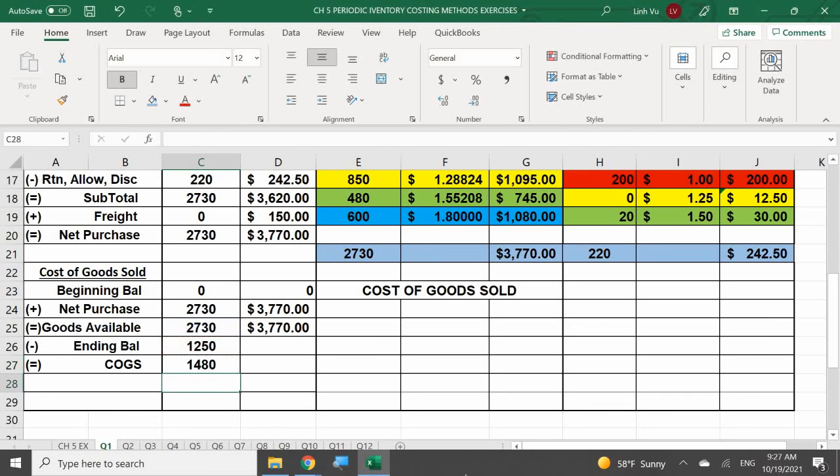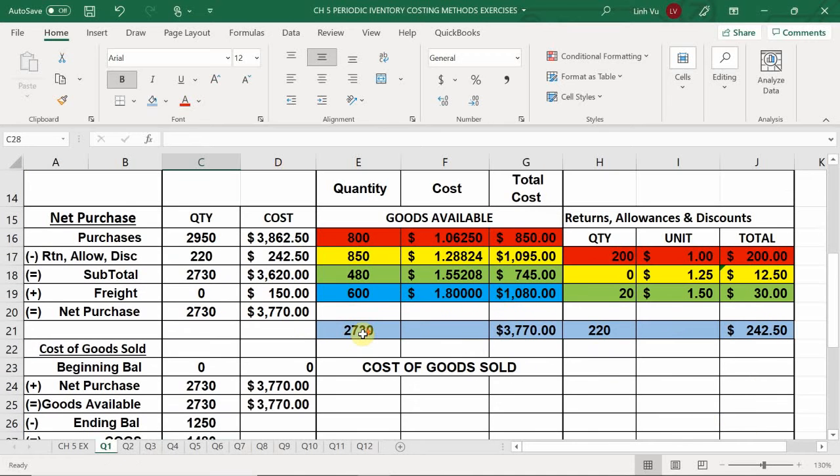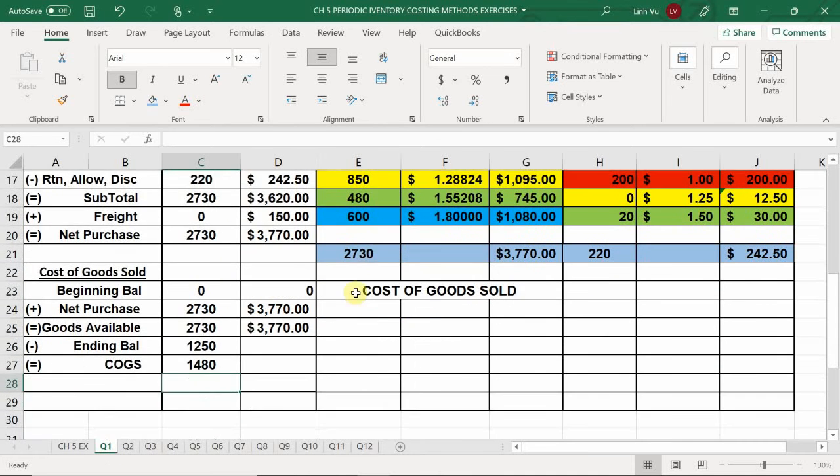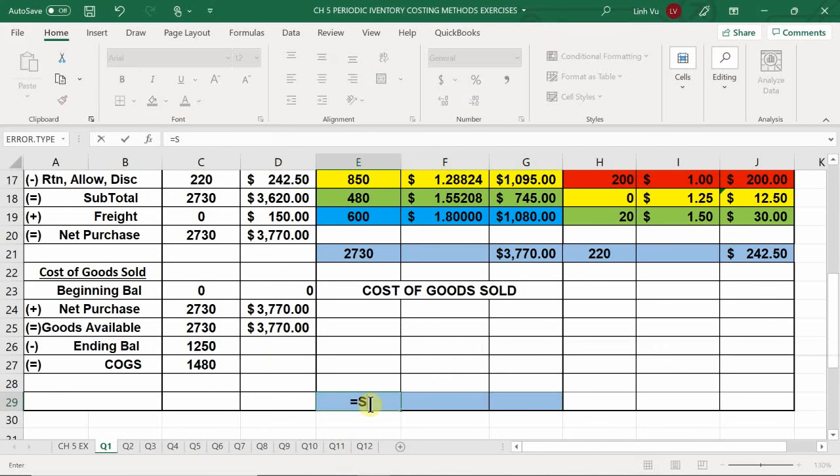Okay, 1,480. So now I need to actually calculate how many items I actually sold. I'm going to put down below here my running balance, and I'm going to equal sum this so I can get a running balance.